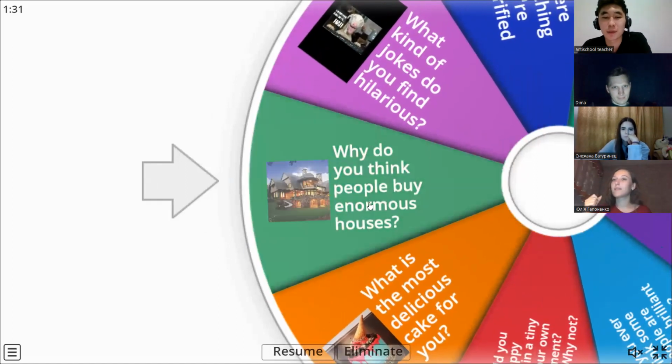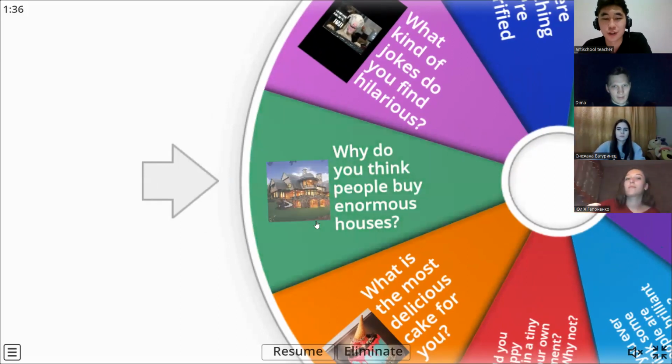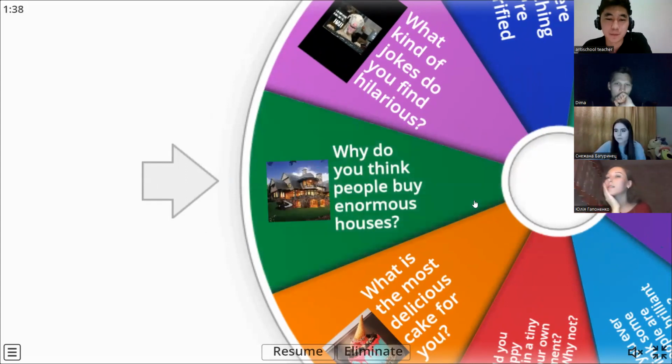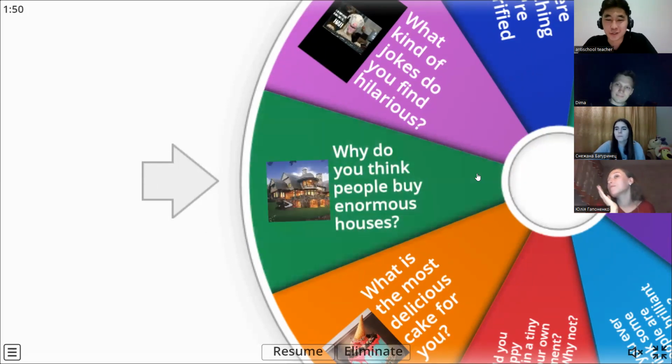Why do you think people buy enormous houses? Rich people, or maybe I think they do it to feel more comfortable. Maybe some people feel comfortable only in a big or a huge house.